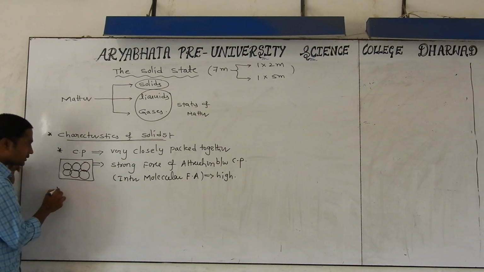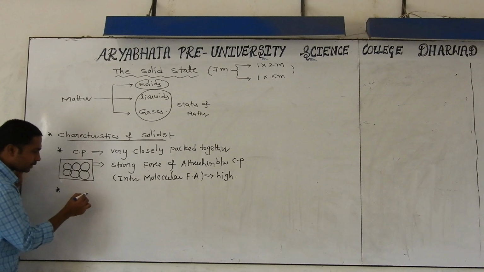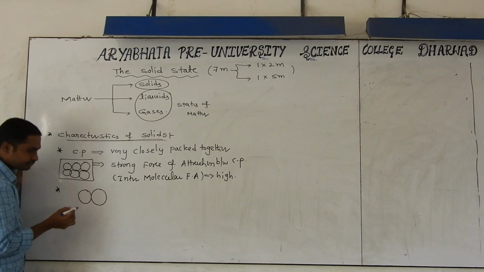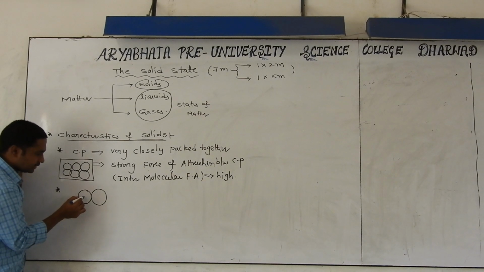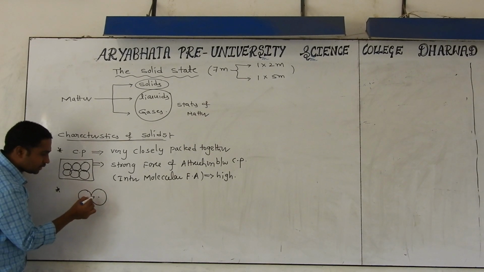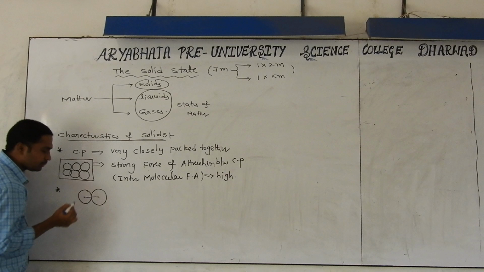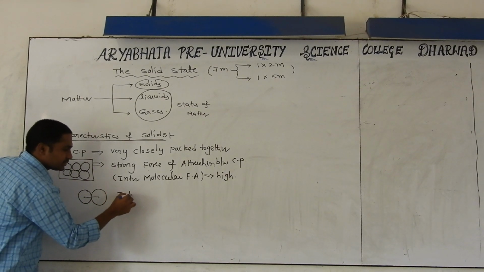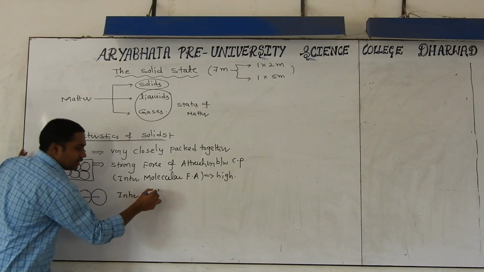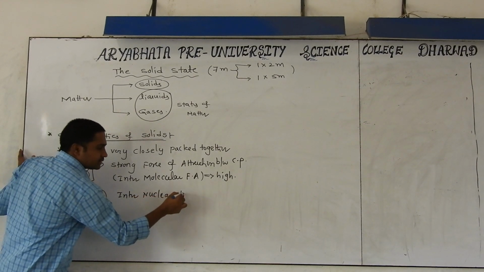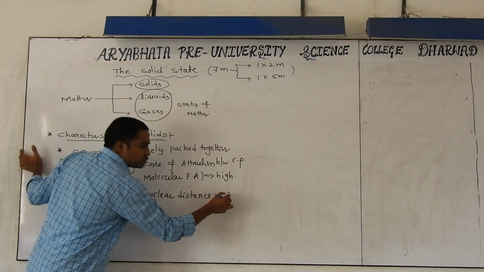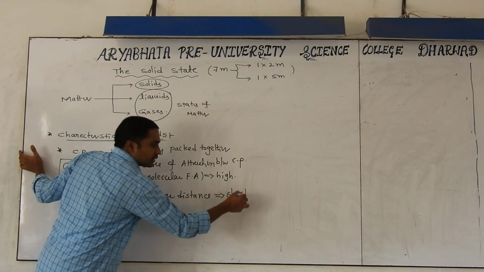Now, due to this very close packing, if you observe any 2 constituent particles in a solid, the distance between the nuclei of the 2 closely packed atoms is called the internuclear distance. In solids, the internuclear distance is very short.